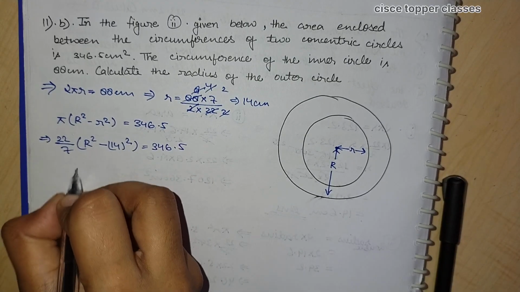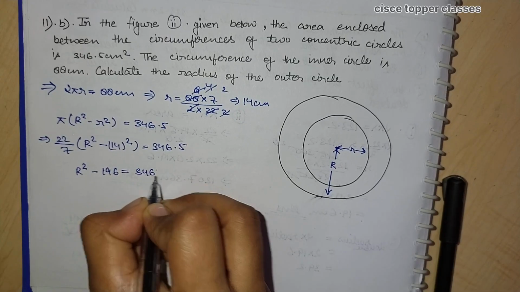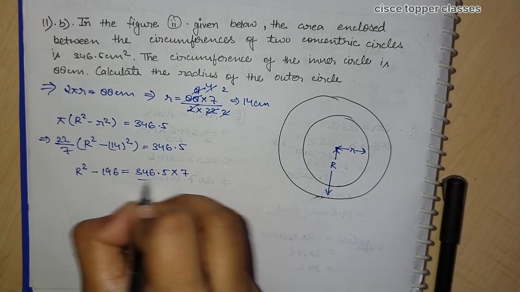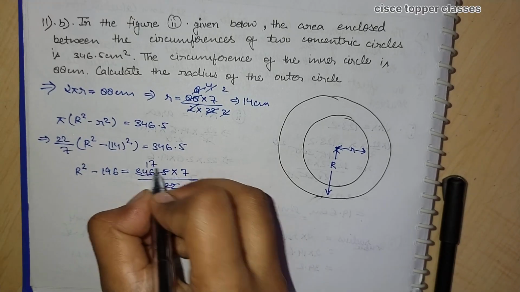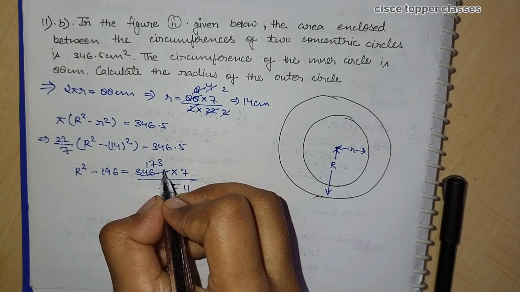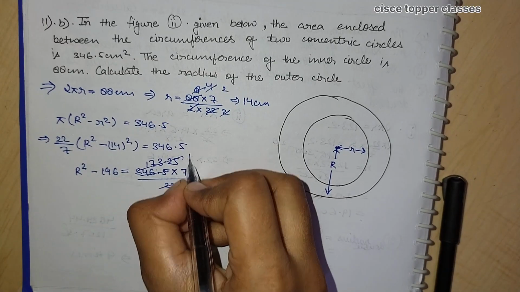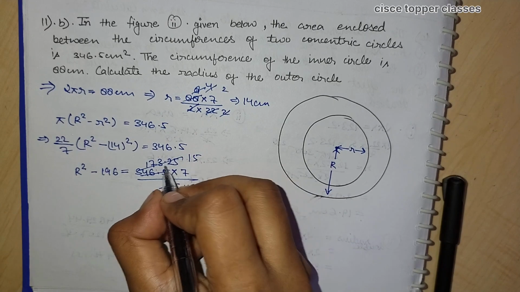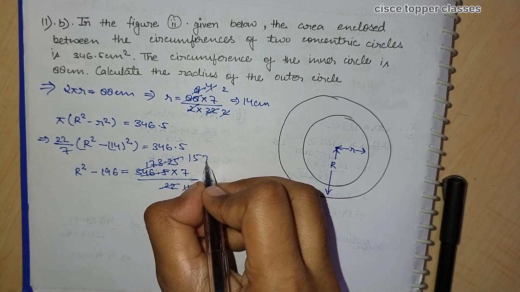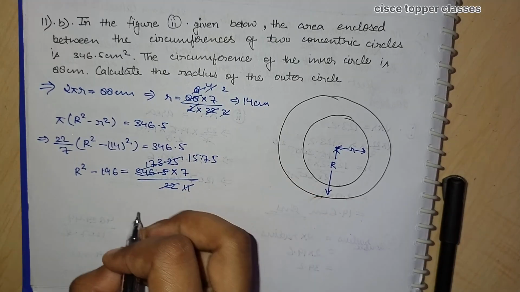So here we can find the value of R square minus 196 equal to 346.5 into 7 divided by 22. So here we will cancel out, and this will be 15.75.